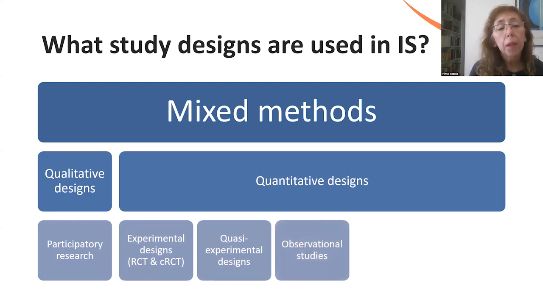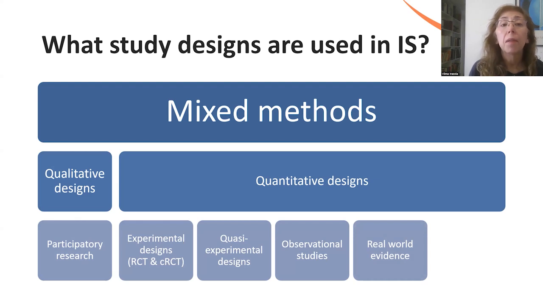We also work with data from observational studies, such as cohort studies, case control studies, and cross-sectional surveys for different purposes. Real-world evidence and analysis of existing databases such as electronic medical records and surveillance systems can bring useful information as well.